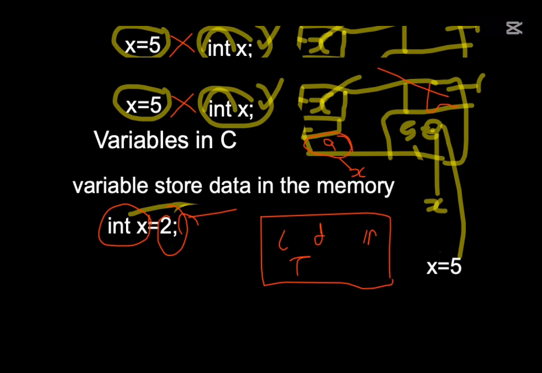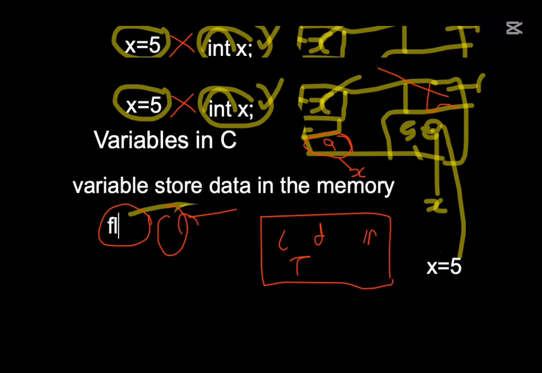If you want to store integer, you use int x. If you want to store character, you use char. If you want to store double, you use double. If you want to store float, you use float. That's declaration. You need to tell C the kind of data you're trying to store.